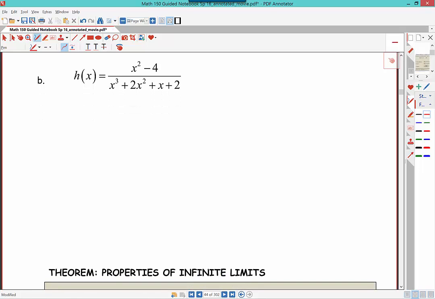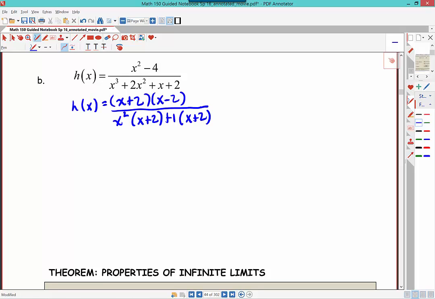So for this one, what do you think we could do with this? Good. Why don't we factor this and see if we can divide any common factors out. So we'd get x plus 2 times x minus 2 over, again factoring by grouping, we can factor out an x squared from the first two terms of the denominator, and we'll get an x plus 2, and then a plus 1 times x plus 2.